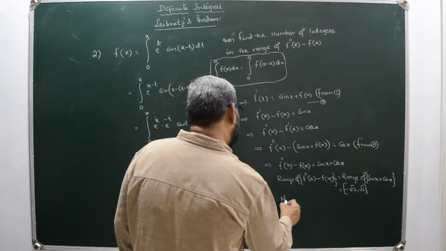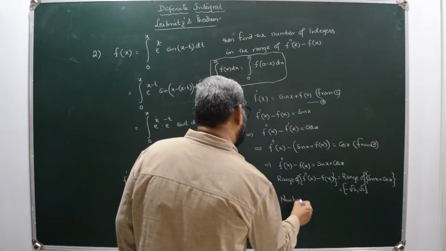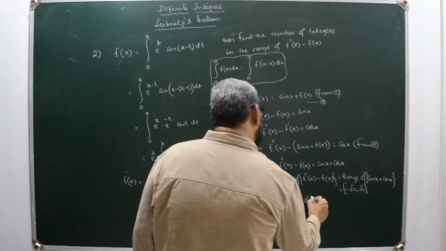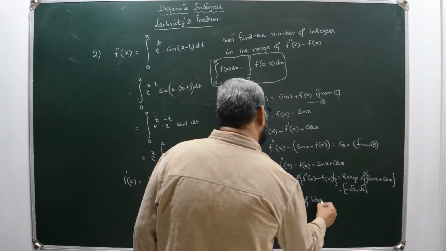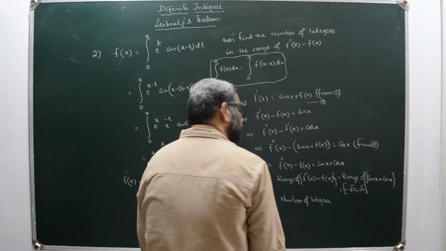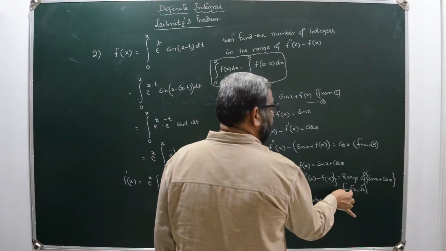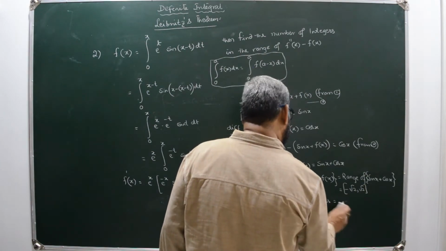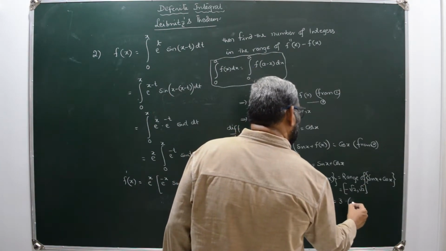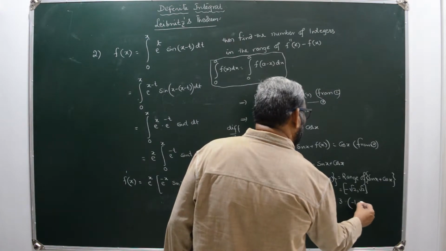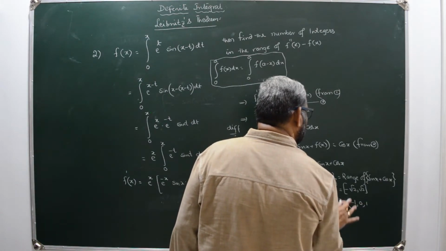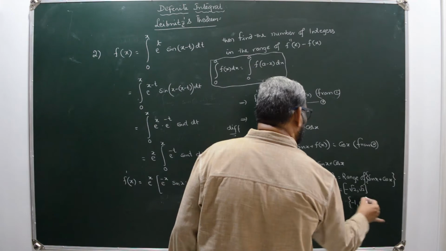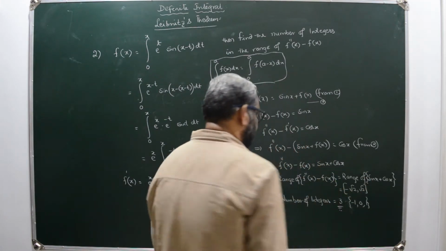So number of integers in minus 1.414 to 1.414: minus 1, 0 and 1. So number of integers is 3.